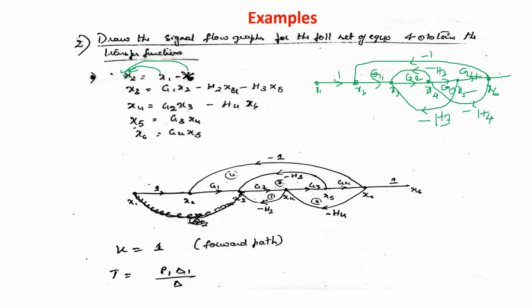You can introduce a signal of unity gain. Once again, you call it as X6. I think I made a mistake here.